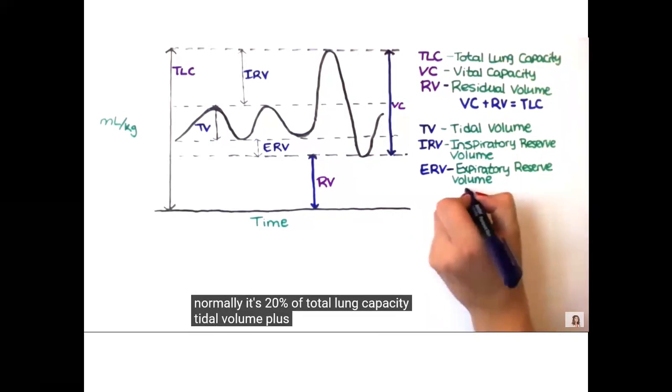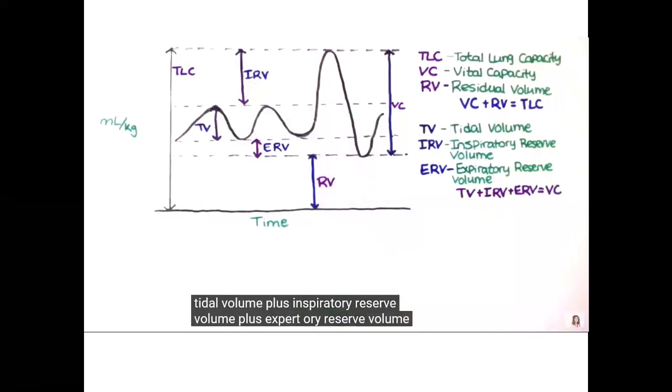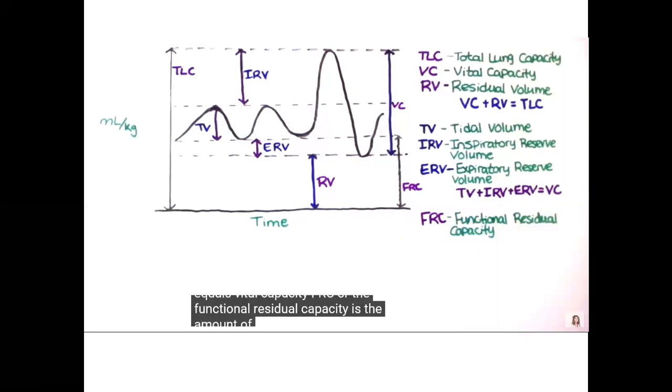Tidal volume plus inspiratory reserve volume plus expiratory reserve volume equals vital capacity. FRC, or the functional residual capacity, is the amount of gas remaining in the lungs after a tidal expiration. Normally, it is 40% of the total lung capacity.